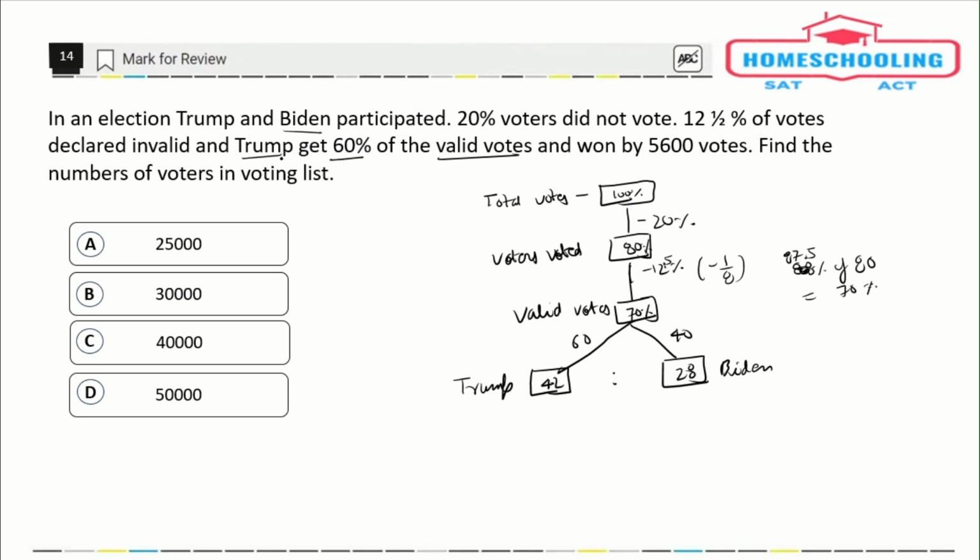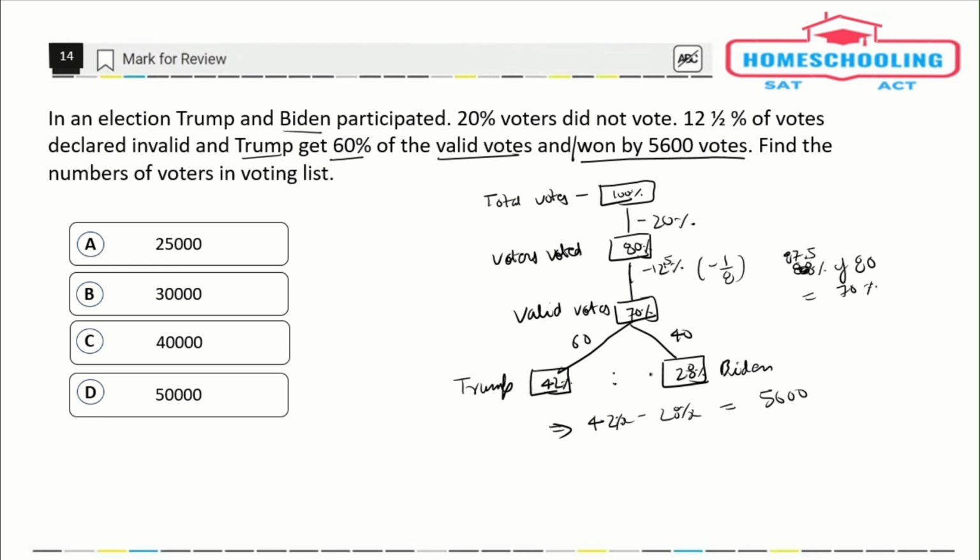In the question it is said that Trump gets 60% of the valid votes and won by 5,600 votes. So the difference between Trump and Biden is 5,600 votes. So what we can write here is 42% minus 28% of X, because Trump has won by 5,600 votes.